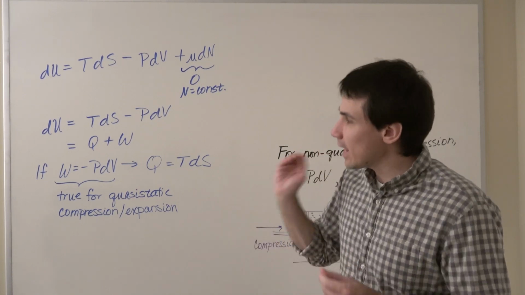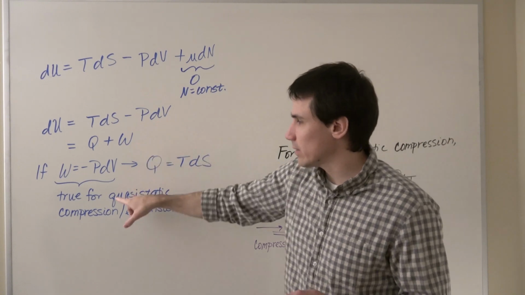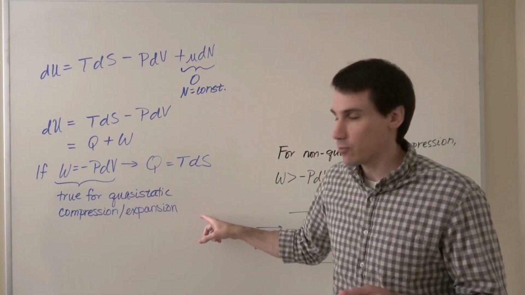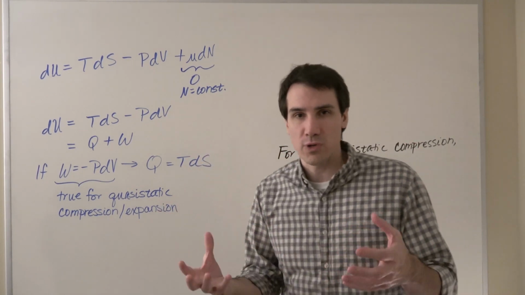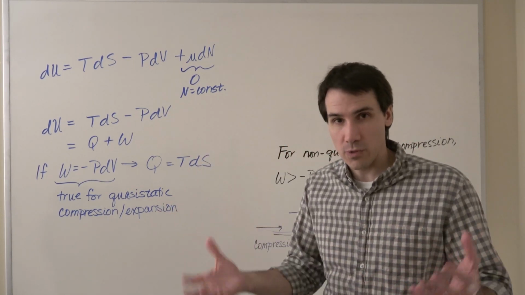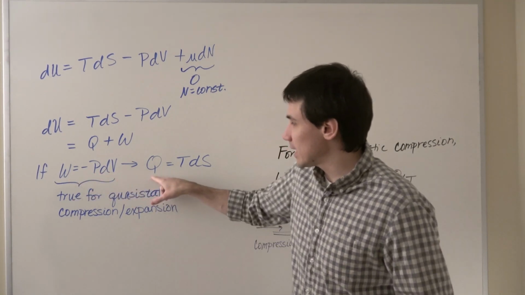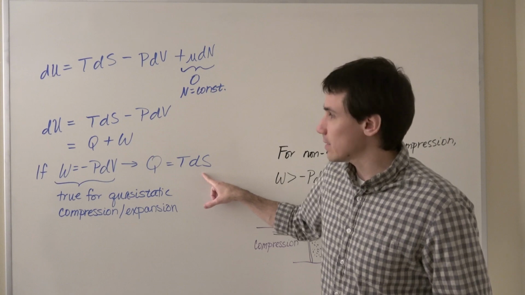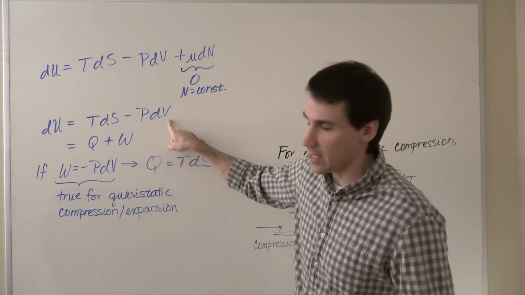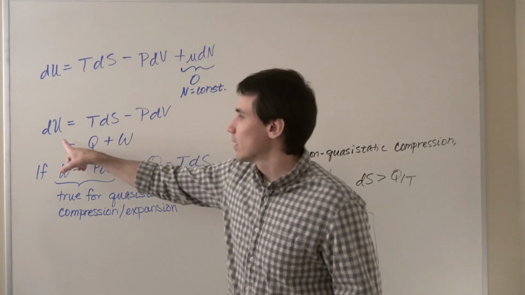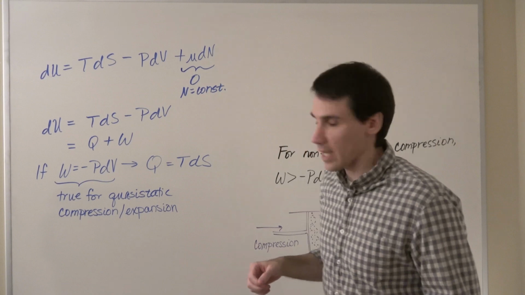Now, if work is equal to negative PdV, which is true for a quasi-static process, which is a process that is slow enough that the pressure or other variables remain well defined throughout the process, then Q equals TdS. Because if both of these things equal dU and work is equal to negative PdV, then Q must be equal to TdS.